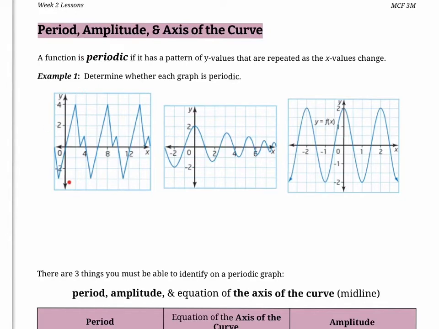Does this have a pattern that repeats over and over and over again in the exact same way? Well, you can see the pattern in many different ways. Some people might see the pattern starting here. Some people might see the pattern starting here. I see it from here. So this is the pattern that I see, just like this. And it is exactly repeating over and over and over again. So this one is periodic.